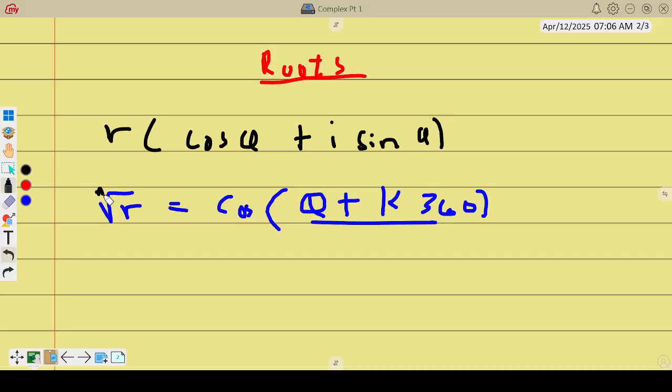Here this is n, meaning the nth root. It can be the 6th root, 4th root, whatever root, we divide by that.